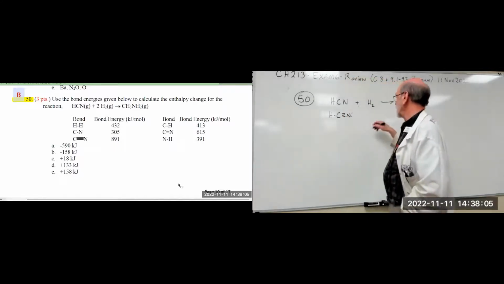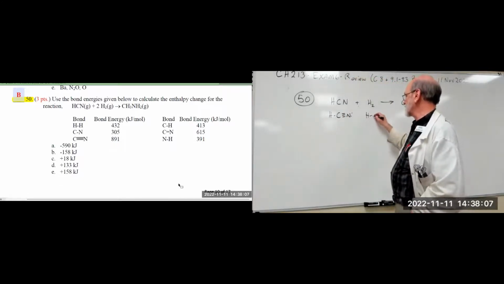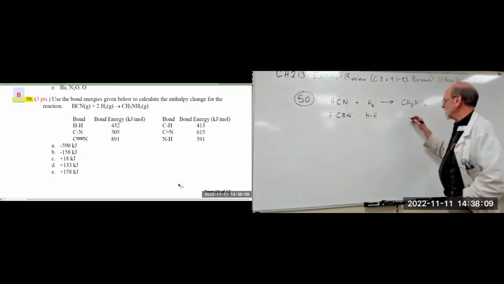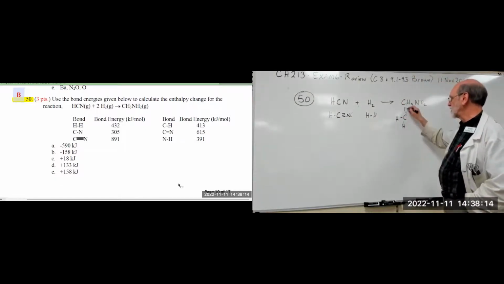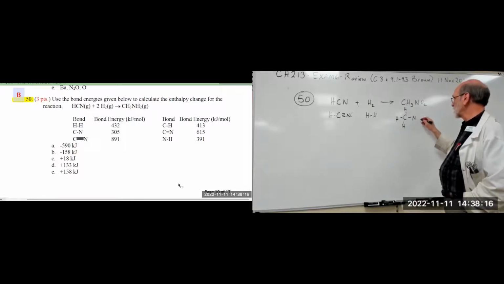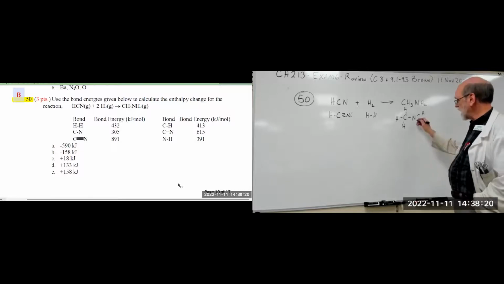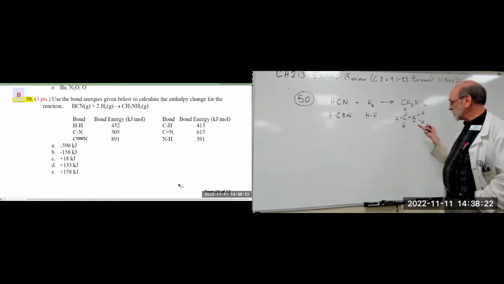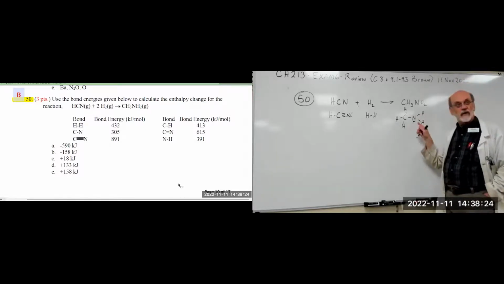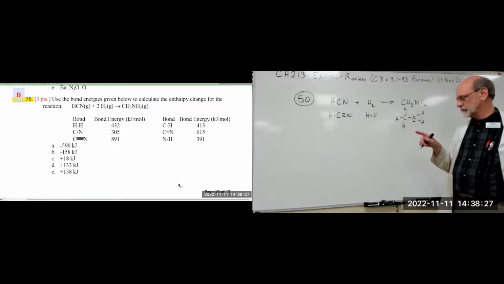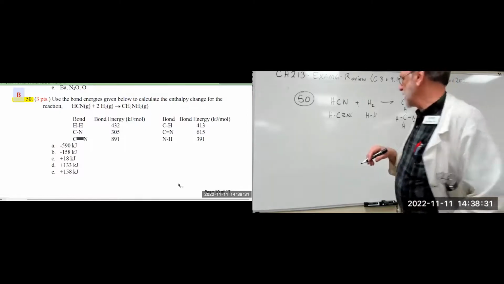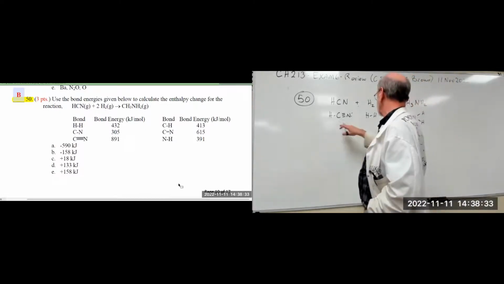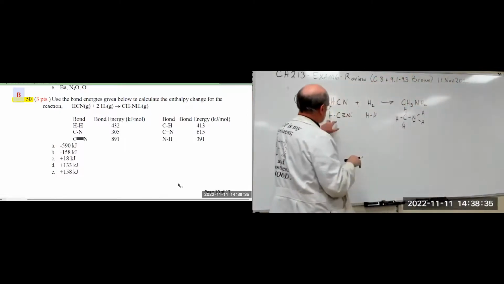Hydrogen's easy, right? This one has 3 hydrogen bonds, a nitrogen, and 2 hydrogens, and a lone pair. Now, if you don't draw the Lewis dot structure, you don't know it has that lone pair in there. Okay, now we can do this.